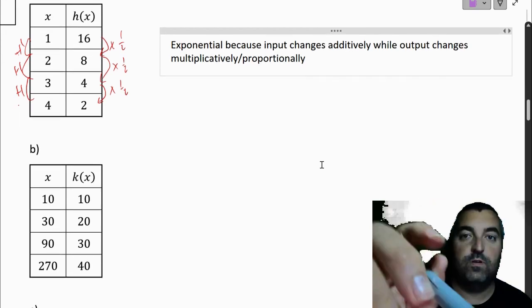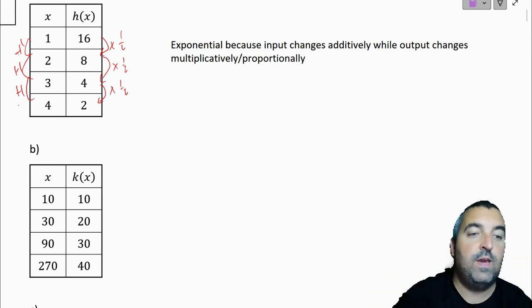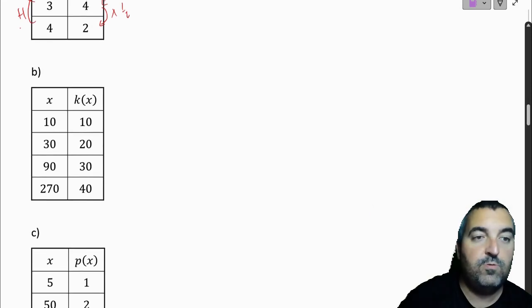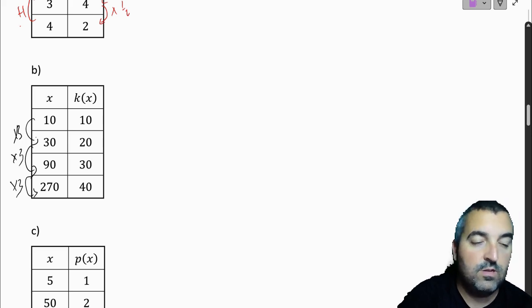Do the same thing. So you want to look at the inputs first. That's where I'm always going to look first. And, well, that's times 3, that's times 3, and that's times 3, right? You can look at the addition, but you can clearly see 30 to 90 is much different than 10 to 30. And then here, we're adding 10 each time.